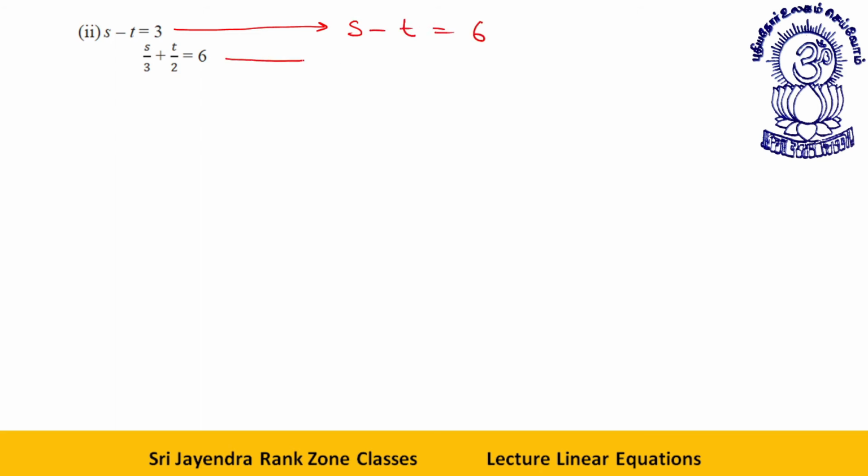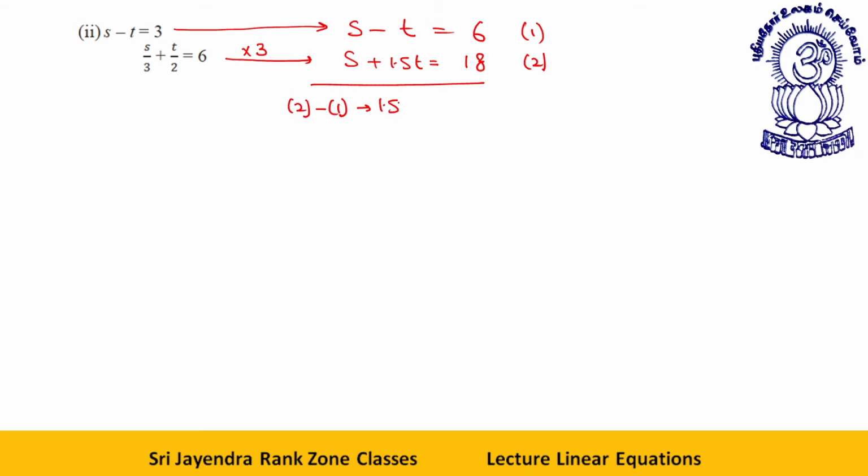What I do, I multiply this equation by 3. What will happen? This will become s. This t by 2 into 3 will become 3 by 2t or 1.5t. 6 into 3 will be 18. Now this is equation first, this is equation second. If I do 2 minus 1, what will happen?